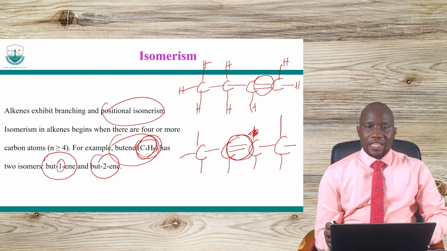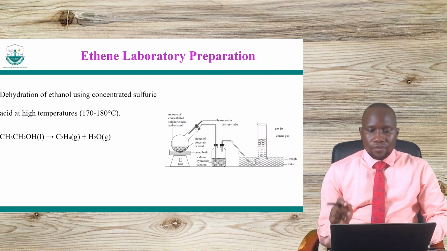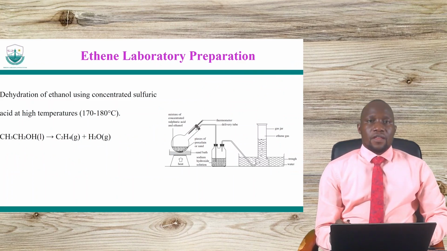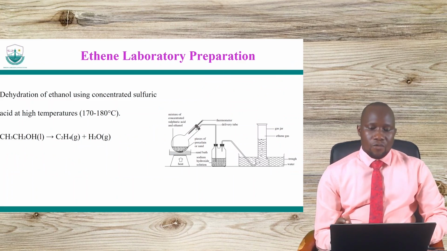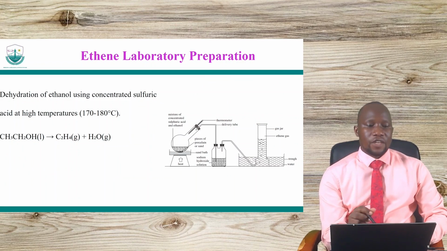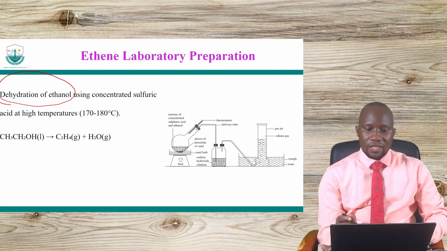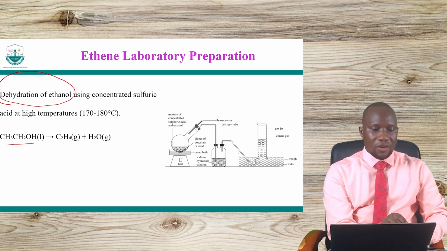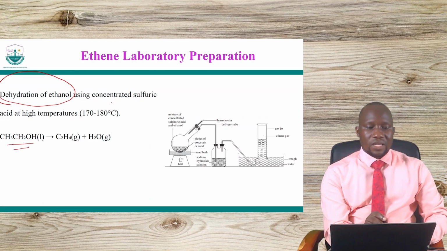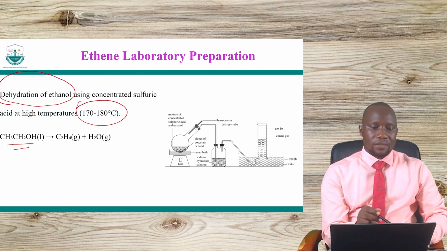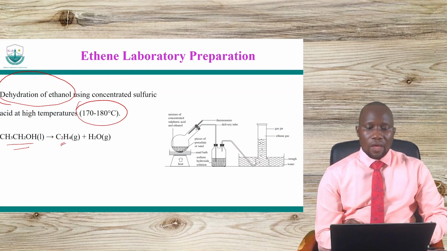But-2-ene. Okay, so how do we prepare ethene in the lab? We basically dehydrate alcohol. Dehydration is removal of water, right? So you heat ethanol in the presence of sulfuric acid at high temperature, and you will get ethene, then of course you have steam.